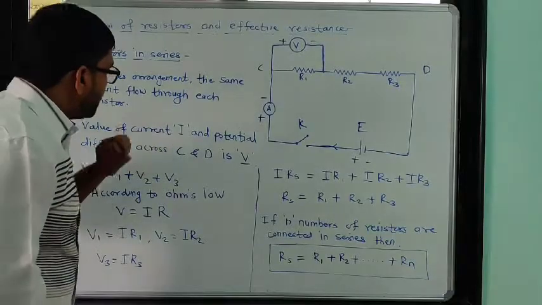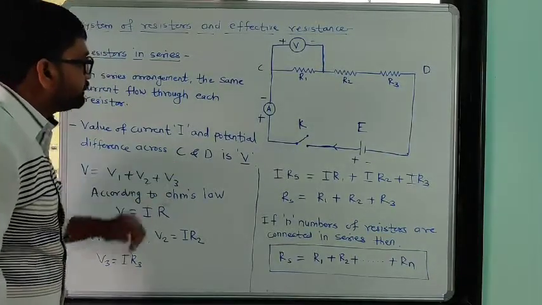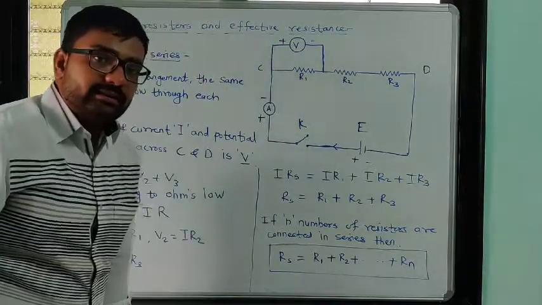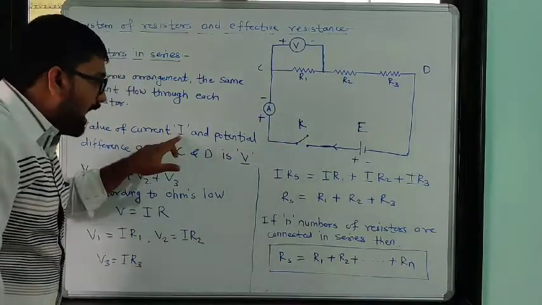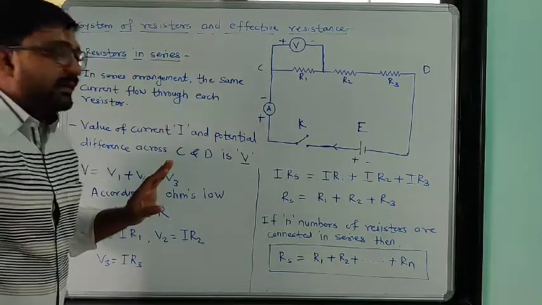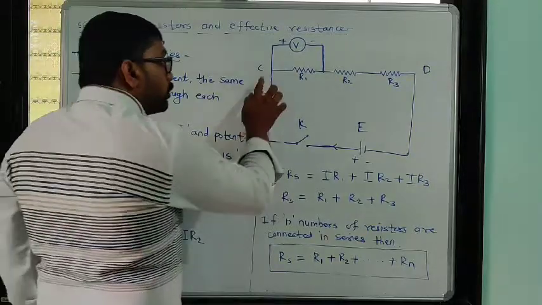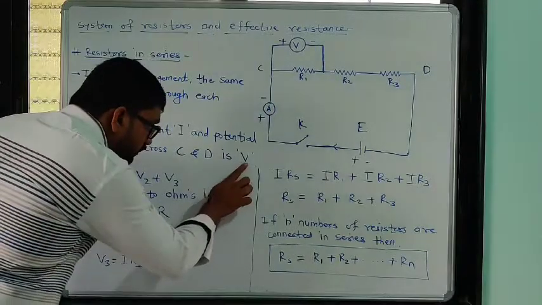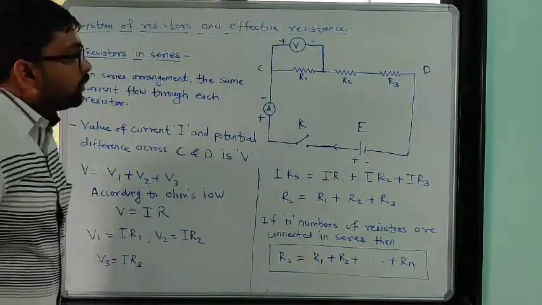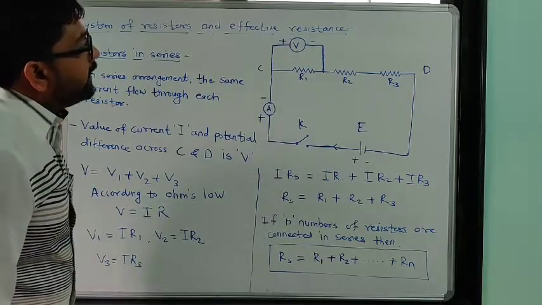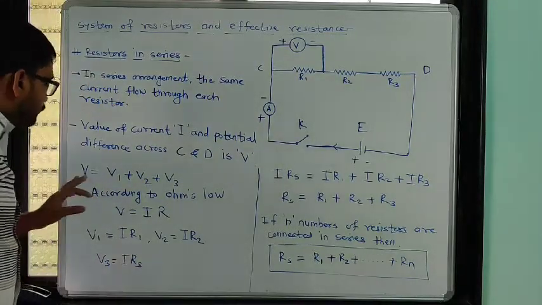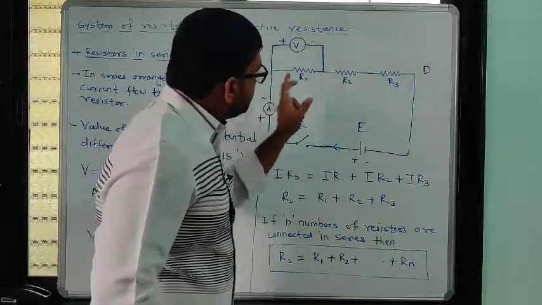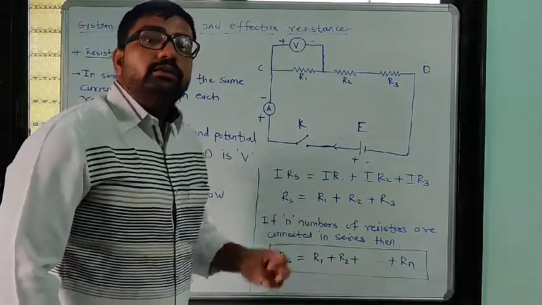Next, the value of current and potential difference. Suppose the same current I is flowing through all three resistors, and the total potential difference between terminals C and D is V. Due to these three resistors, this total potential difference V is divided into three parts.